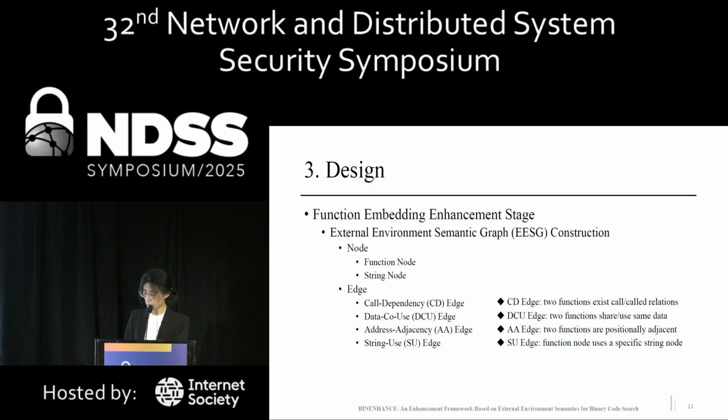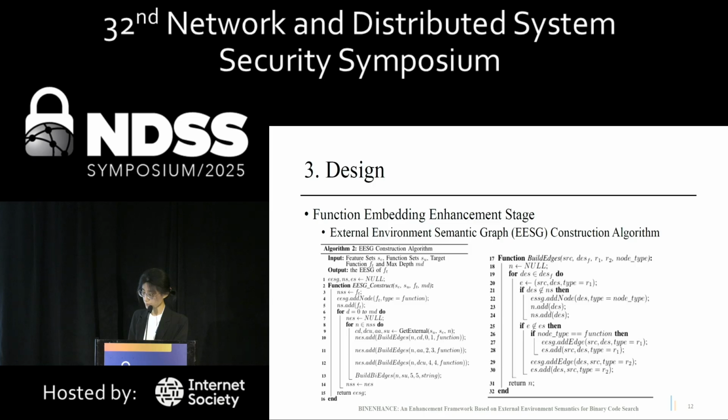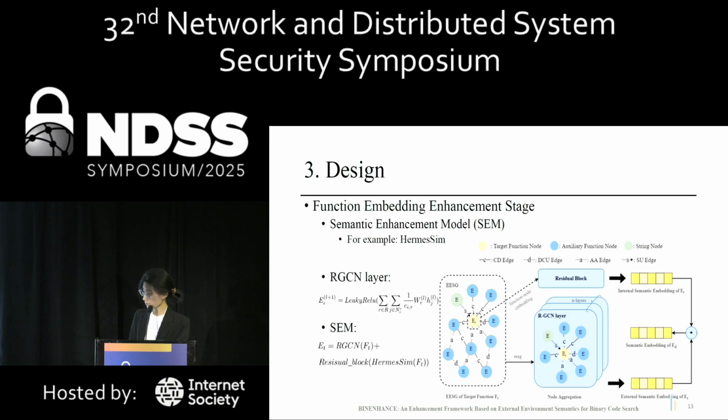In the function embedding enhancement stage, we design an external environment semantic graph. It contains 2 types of nodes and 4 types of edges as follows. This is our EESG construction algorithm.